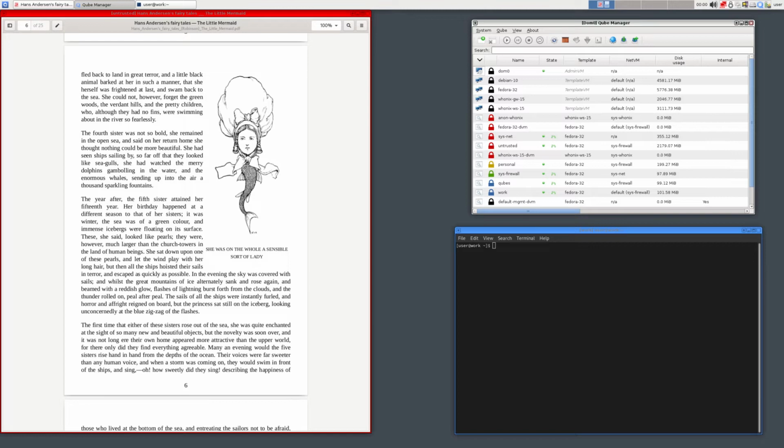The other issue Qubes OS has that might drive some people away is that it doesn't allow for dual booting two different operating systems. So you can't have Windows and Qubes OS running side by side, or Qubes OS and another Linux distribution.